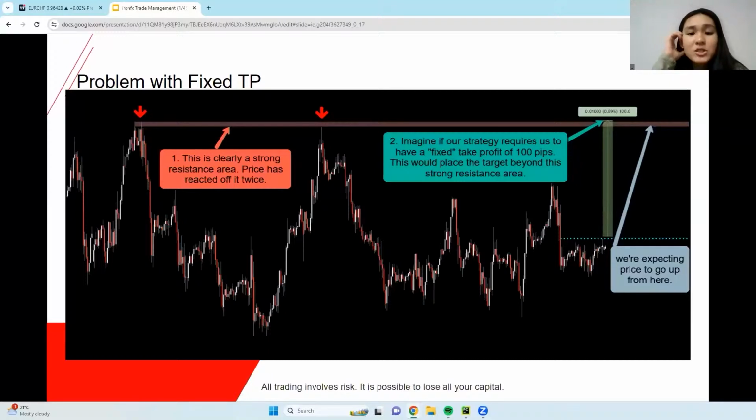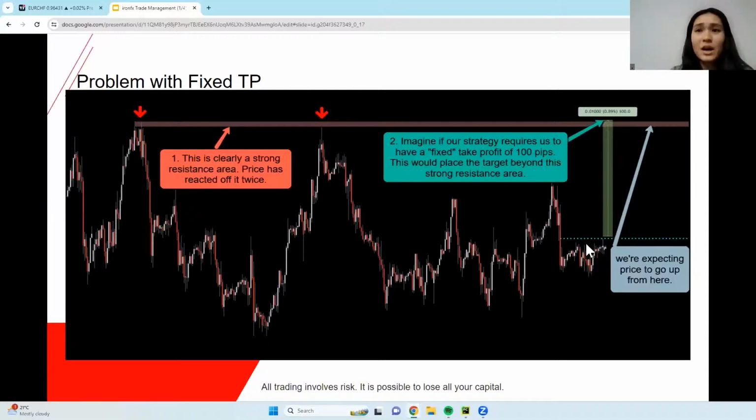So if our trading strategy requires us to have a fixed take profit of 100 pips, this would place the target beyond this strong resistance area.